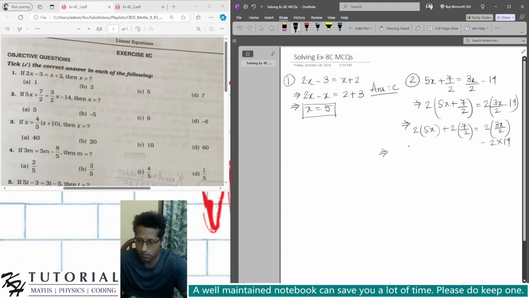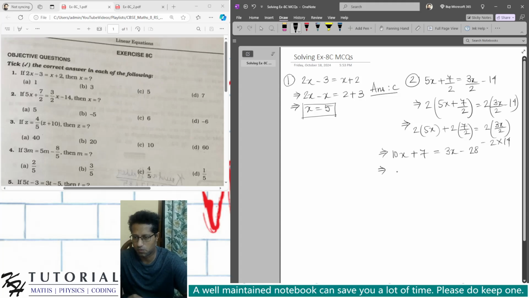Further simplifying the LHS and RHS, that is doing the products, we get 10x plus 7 is equal to 3x minus 28. So now we got a linear equation in the simple form.